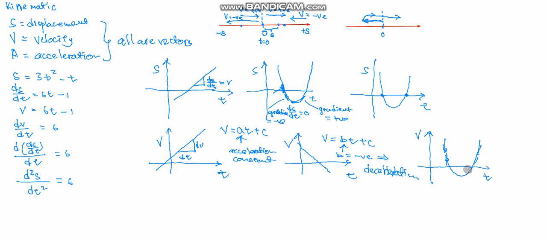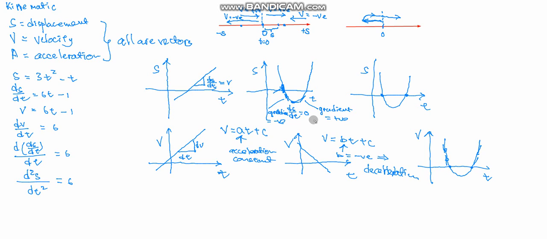Now, what about at this point here? At this point, the velocity becomes 0. What is it when the velocity becomes 0? It is at this turning point. Do you see that? ds/dt equals 0.